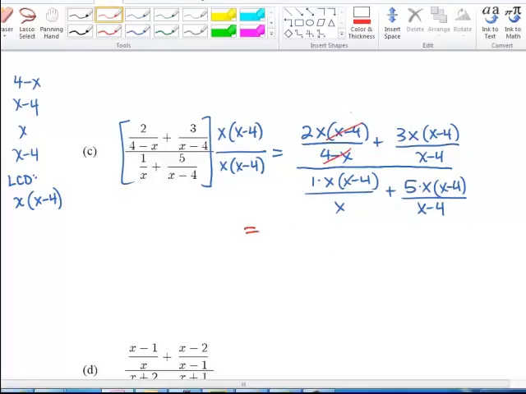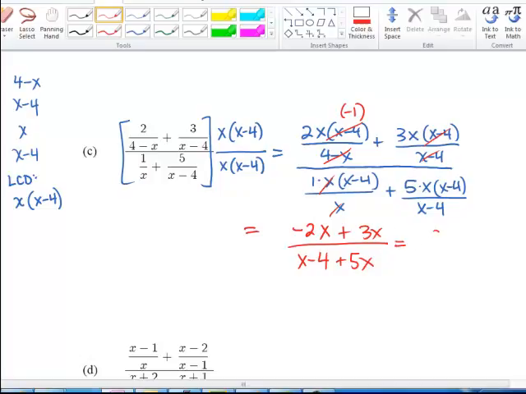These two, when we reduce them, make a negative 1 because they're opposite order subtraction. So that'll leave me with actually a negative 2x. And then we've got plus 3x over x minus 4 plus 5x.